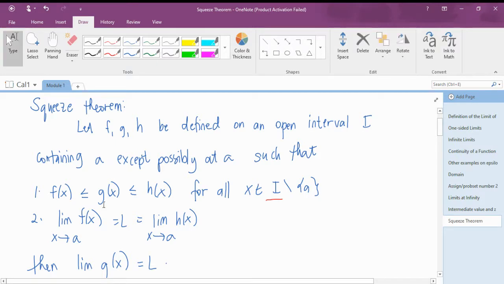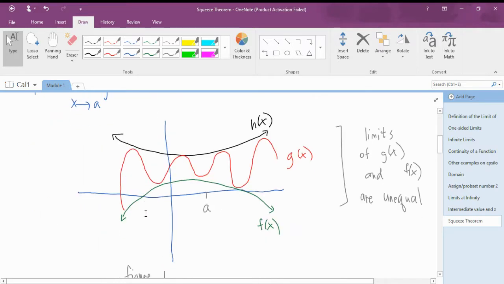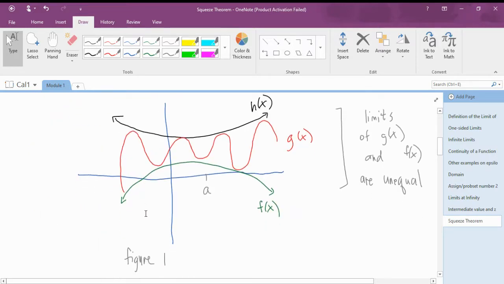So, let's try to illustrate the first condition. Here we have figure 1. The graph of f of x is at the bottom. Then g of x is above f of x.